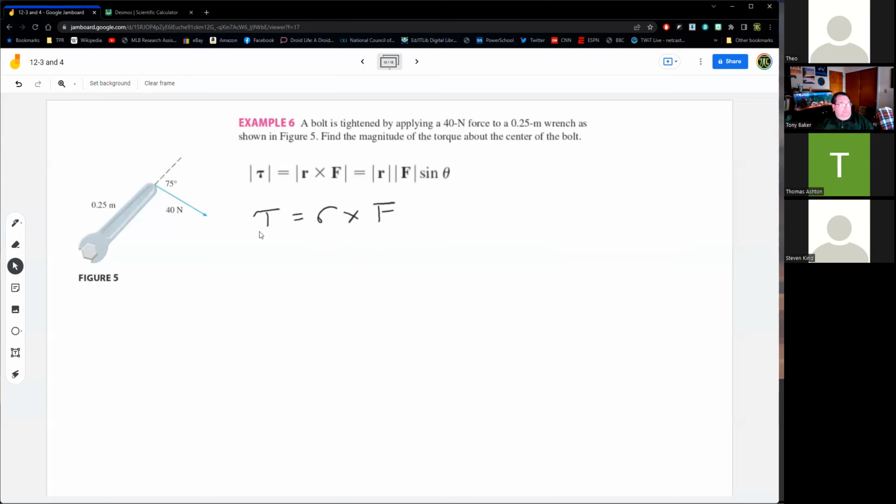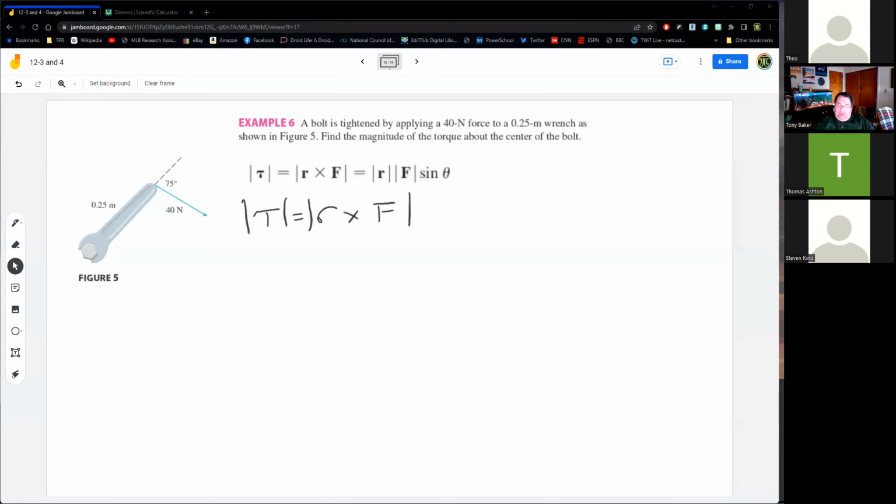The absolute value of torque is the length of that vector, which, remember, is the same thing as the length of R times the length of F times sine theta. So I can find torque using this equation.